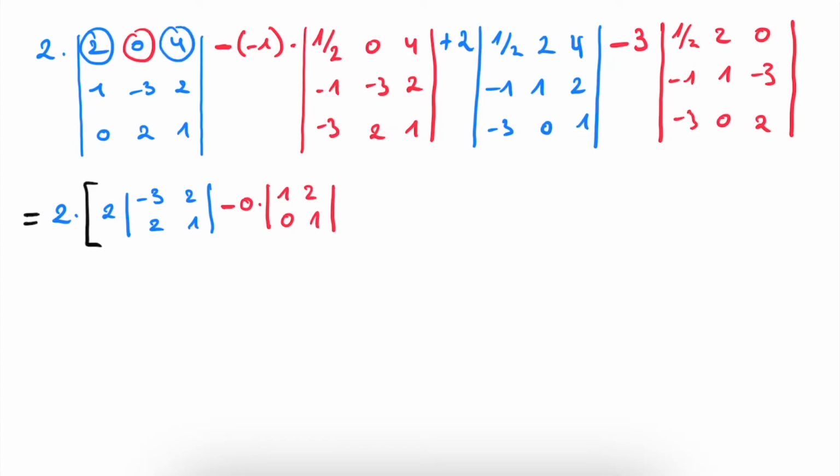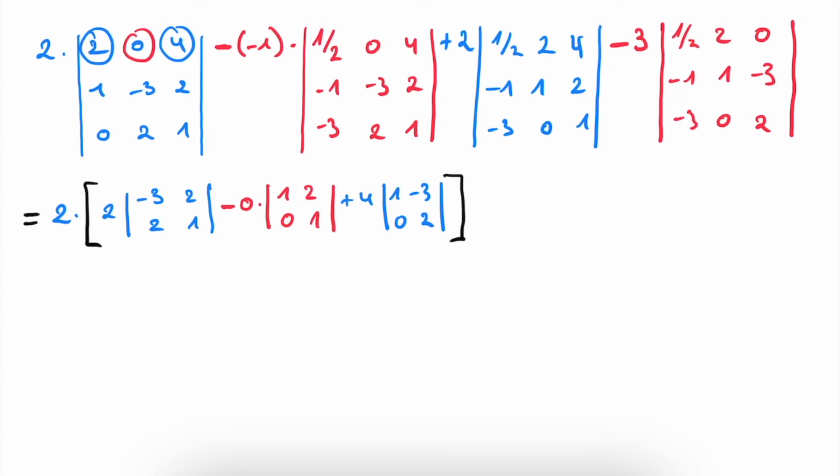Then we get this 4, so we add 4 times, again, the determinant, when we ignore the column and the row of which this 4 is a part of, and we get these 4 numbers. So we get 4 times the determinant of 1, -3, 0, 2. And we already have our first term.